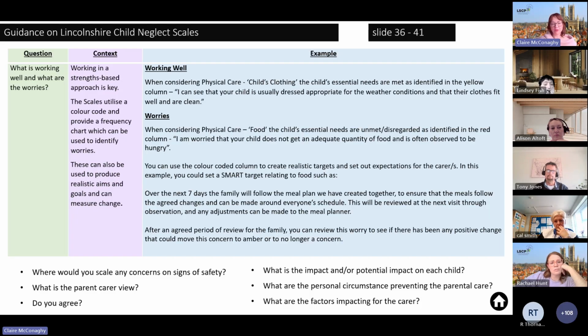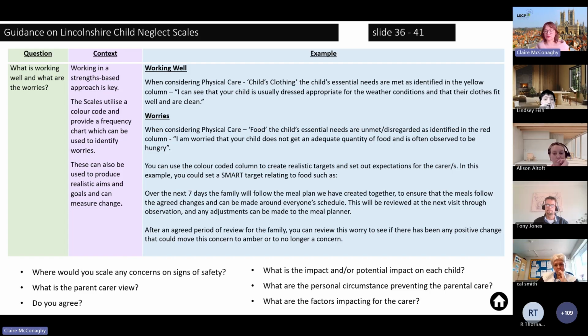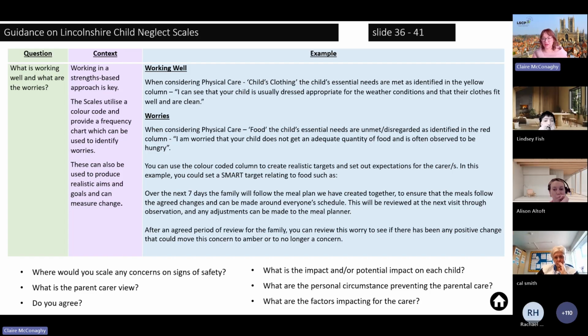So you can see these along the bottom. What is the parent carer's view, as I've mentioned, and if you agree or not. Just the impact on each of the children. So it's just a reminder there as well about thinking about expanding that assessment out for each child. And maybe some of those circumstances preventing parental care, so some of those barriers.